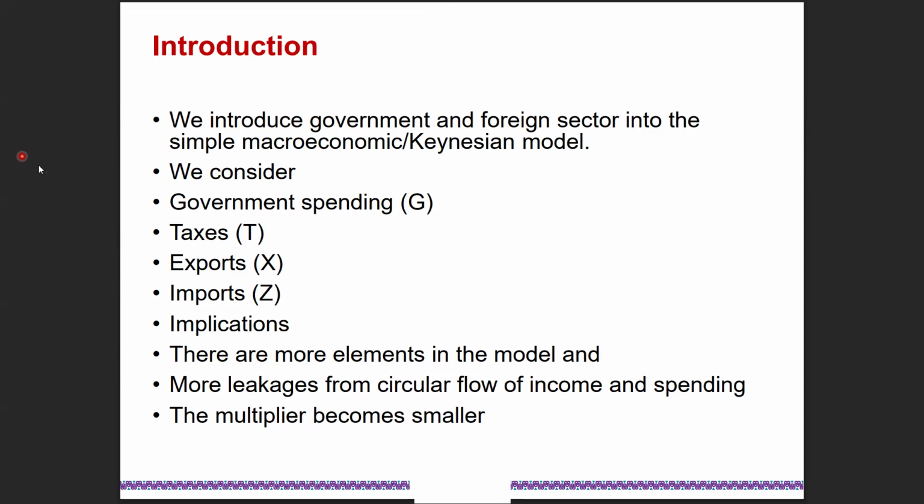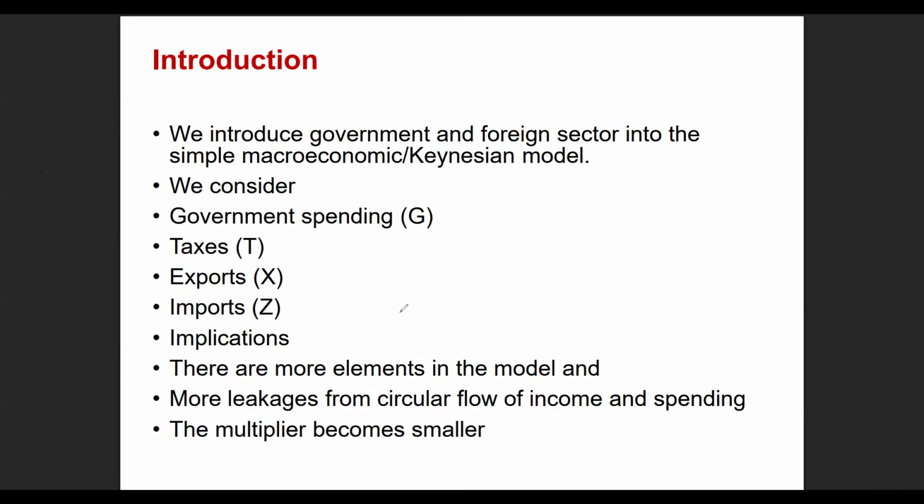Remember, aggregate expenditure is this one. So far you just know that to calculate your aggregate expenditure, which is equal to income, which is equal to GDP also, you just say C plus I, right?